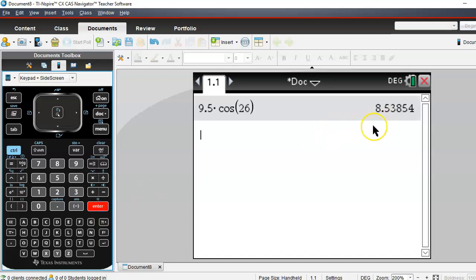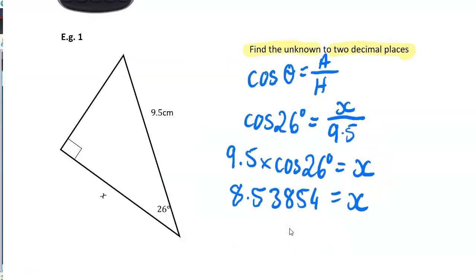And that gives me 8.53854. And it's set to 2 decimal places. So x is equal to 8.54 centimetres.